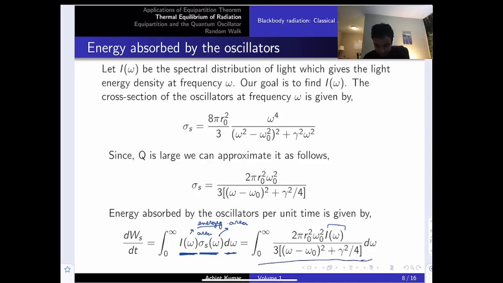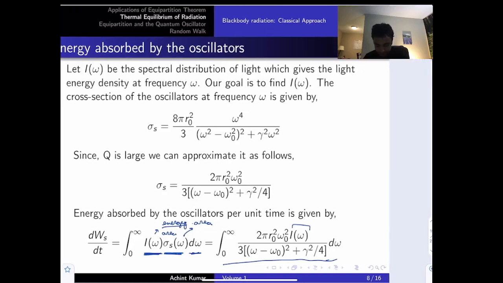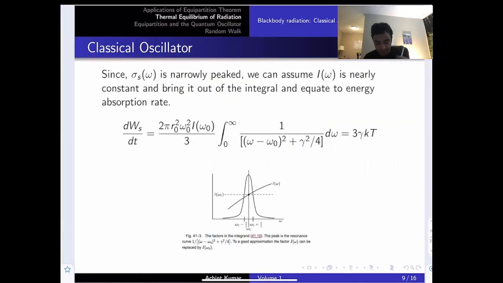Now again, because this integral is so sharply peaked around omega naught, I'm going to assume I of omega is nearly constant and bring it out of the integral, and then I equate it to the energy absorption rate. So I've done a few things here.